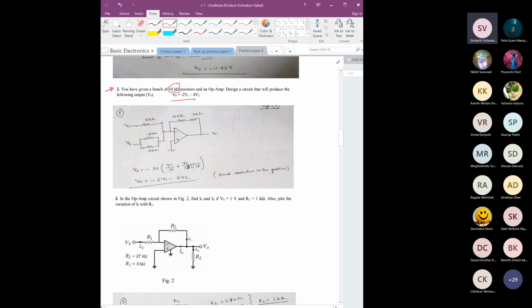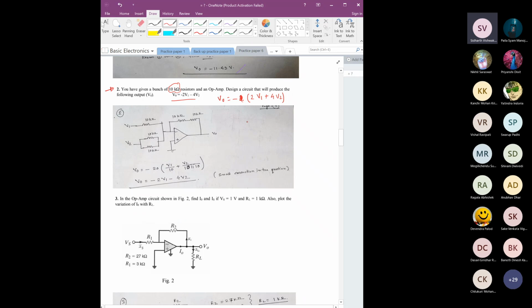So basically from here, what we can say is, if we take this minus as this, then it's basically minus 2V1 minus 4V2. So obviously you can think of using some configuration of an inverting amplifier.